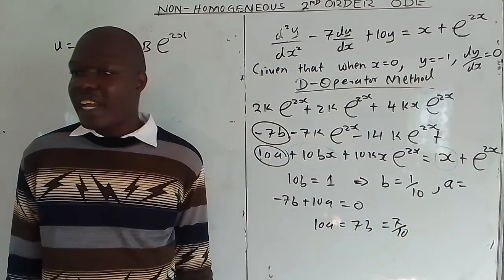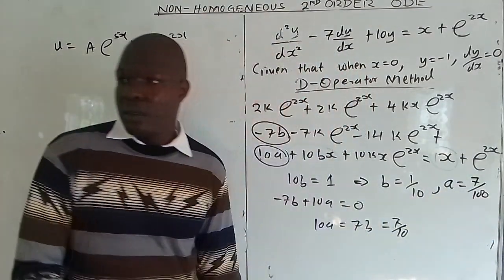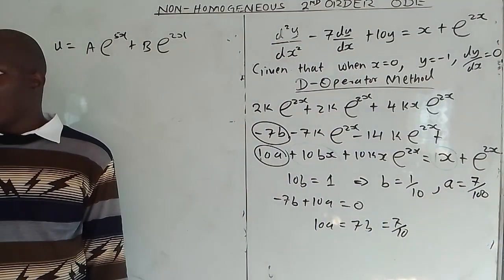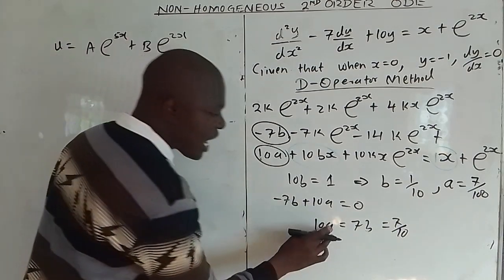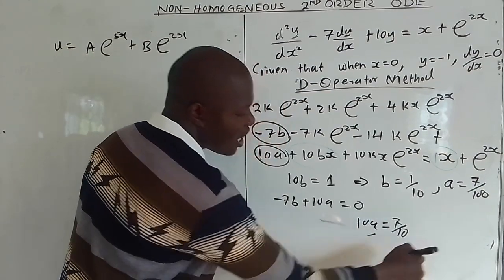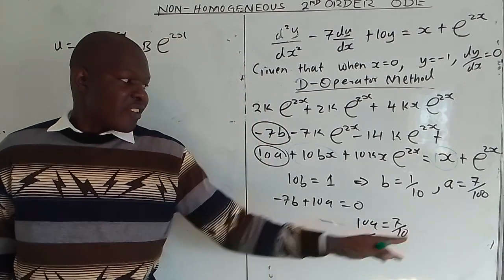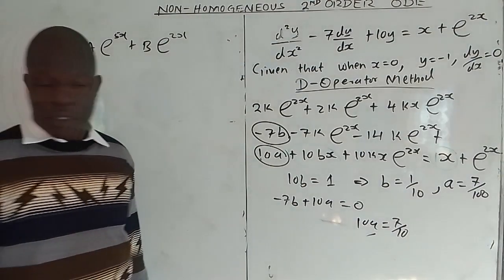You divide both sides by 10, so you get a is 7 over 100. Are we together? A is 7 over 100, because we have 10a is equal to 7 over 10. You divide both sides by 10, you get a is 7 over 100, isn't it? Yes. Good.